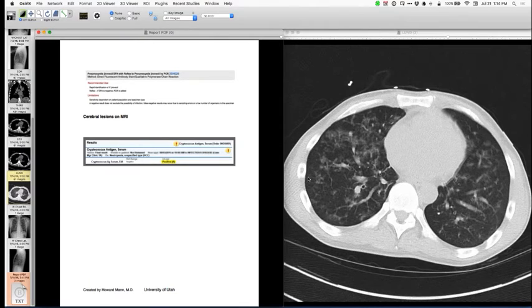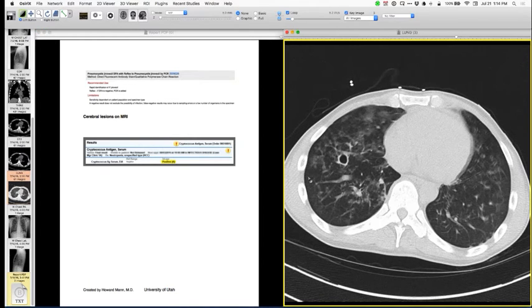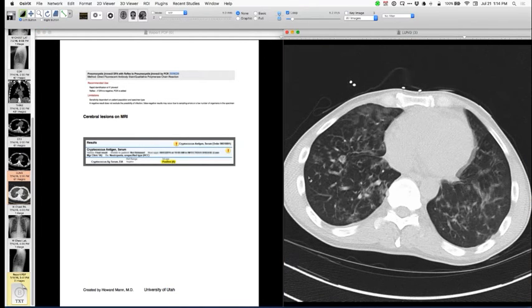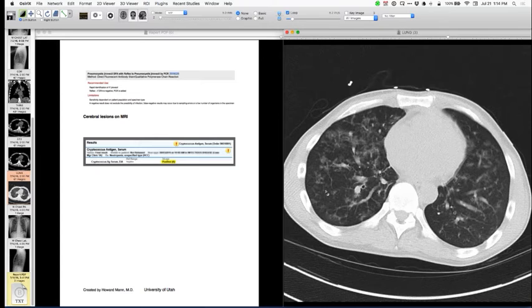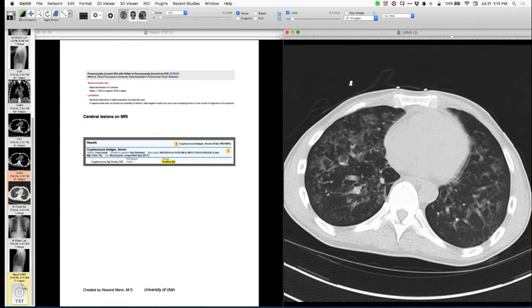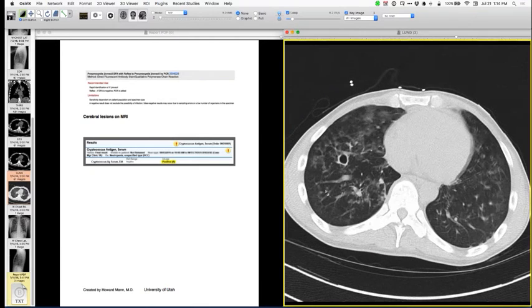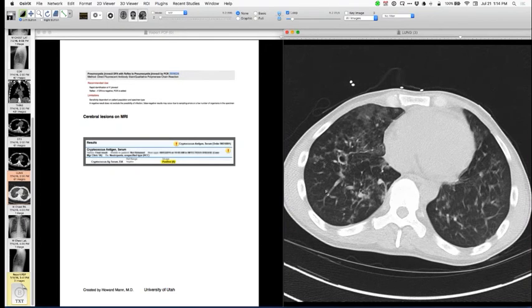I can't recall seeing one solitary cavitated nodule as a manifestation of Cryptococcus. I don't know if you folks have. Is that something? I wouldn't ordinarily consider that, as opposed to multiple circumscribed nodules. So I'm not quite sure what to make of that right there.